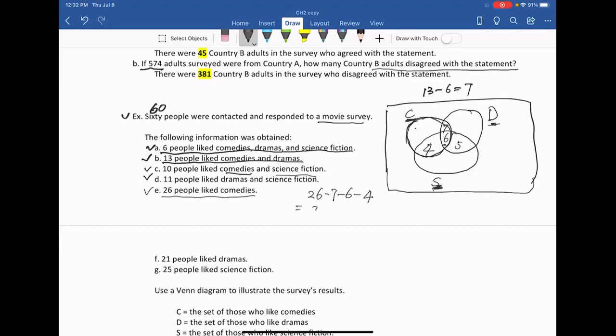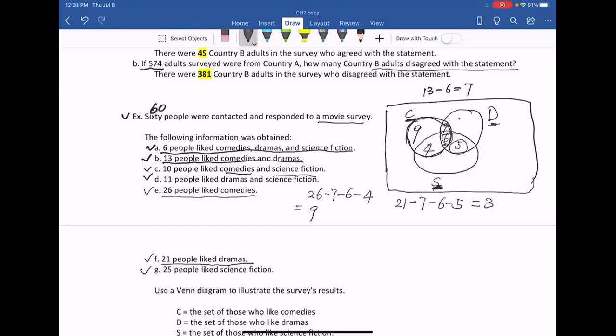I got 9 people here. Next information, 21 people like the dramas. So what should I put here? I should use 21 minus 7 minus 6 minus 5. So here I got 3.